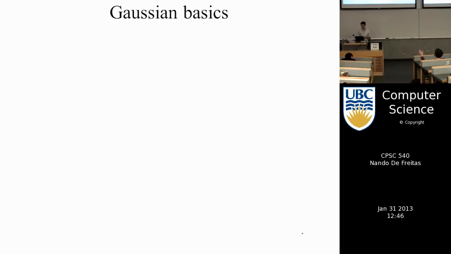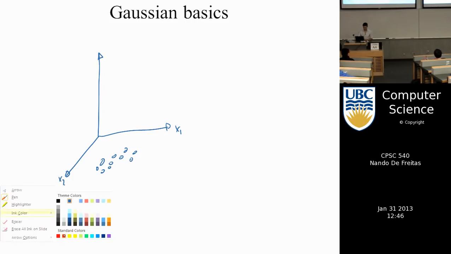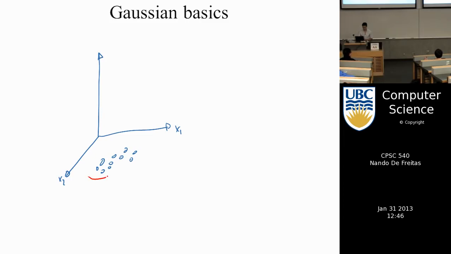Okay. Now, let's illustrate the Gaussian one more time. Let's assume we have some points. Again, we have x1 and x2. We have contour plots.